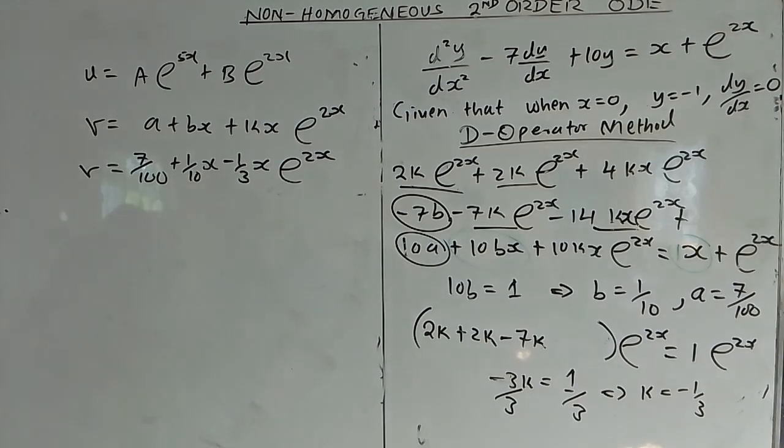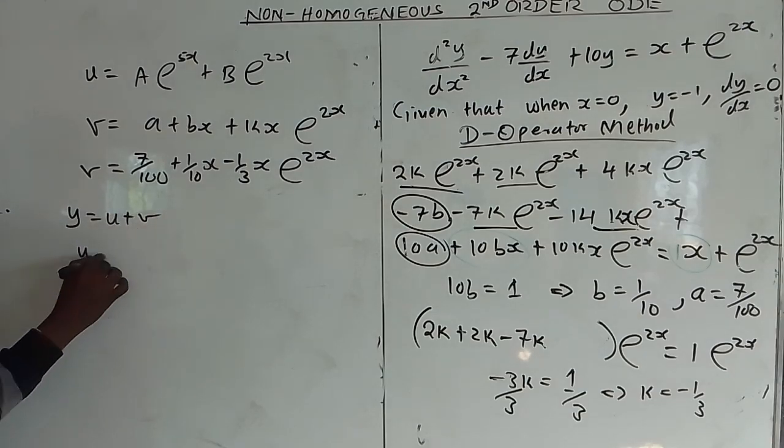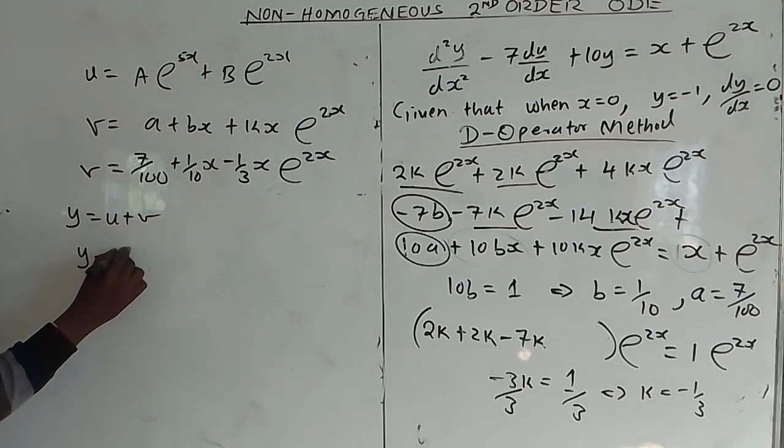So we found the particular integral. The particular integral will never have unknowns. Those unknown values must be eliminated, isn't it, when you are comparing coefficients? So what is the value of y? Y is u plus the particular integral. What is u?